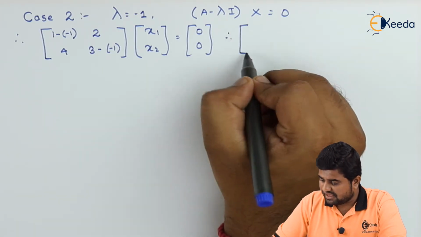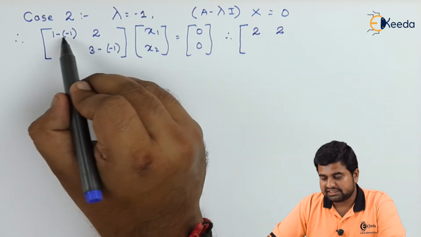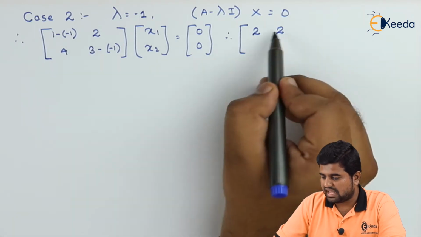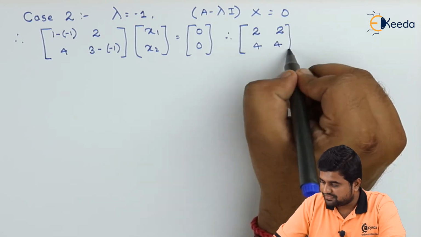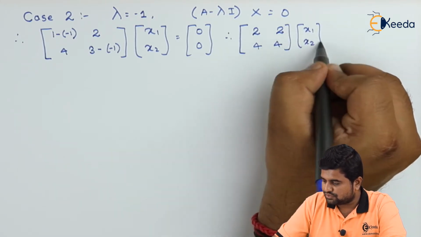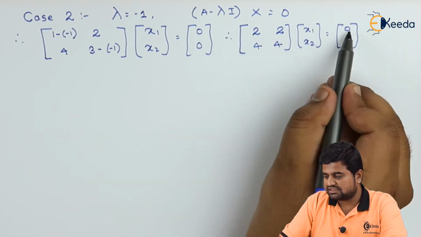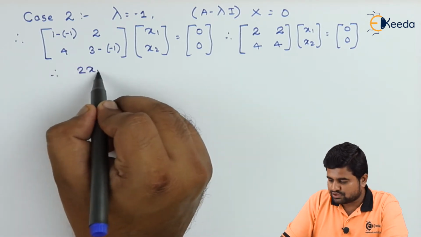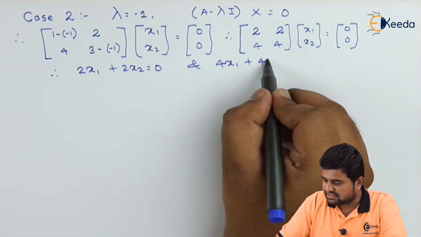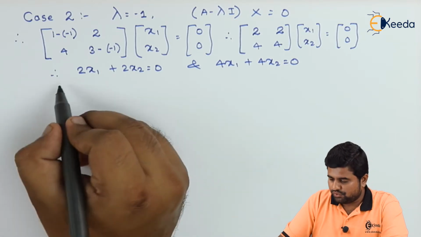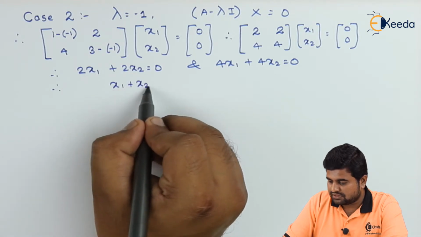Therefore we have 1 plus 1 is equal to 2, again 2, 4 as it is, and then 3 minus minus becomes plus, 3 plus 1 is 4. So we have x1 and x2 as 0 comma 0. If we multiply this out, we'll get 2x1 plus 2x2 is equal to 0, and 4x1 plus 4x2 is equal to 0. If I take 2 as constant and divide by this, I'll get x1 plus x2 is equal to 0.